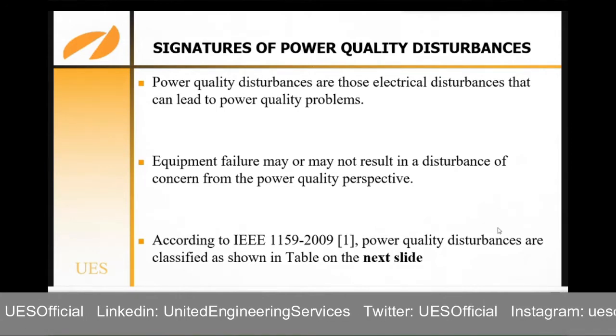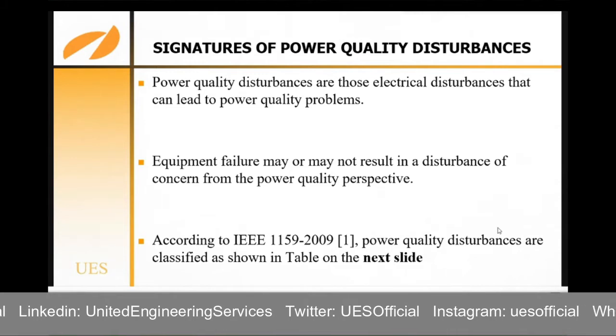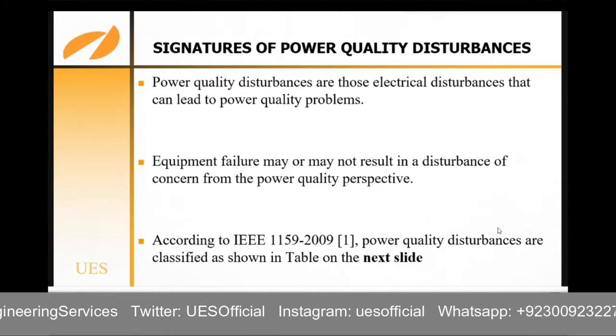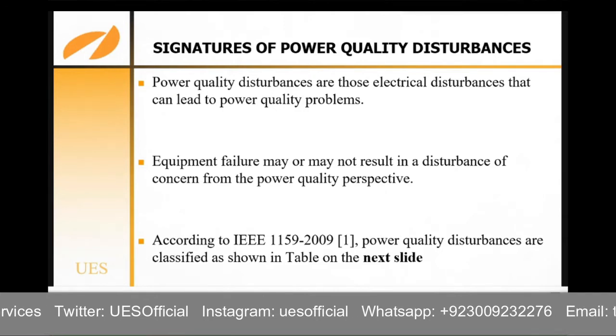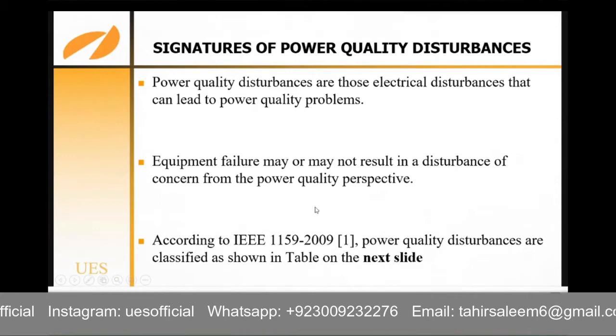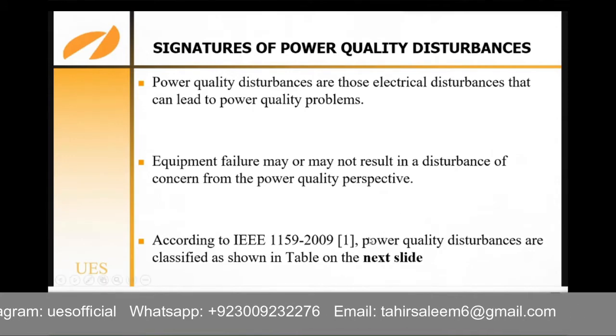Now, according to the IEEE standard 1159-2009, power quality disturbances are classified as shown in the table on the next slide.